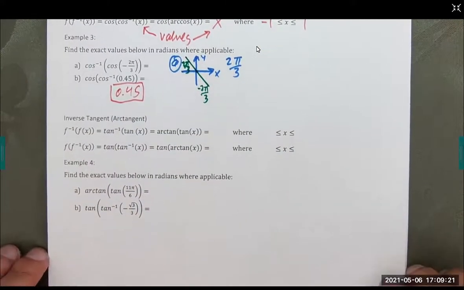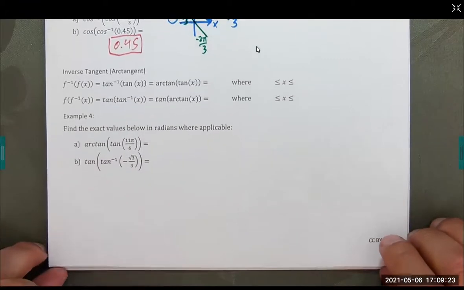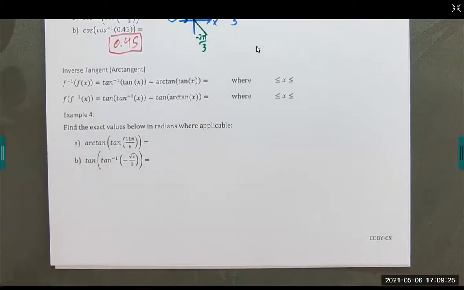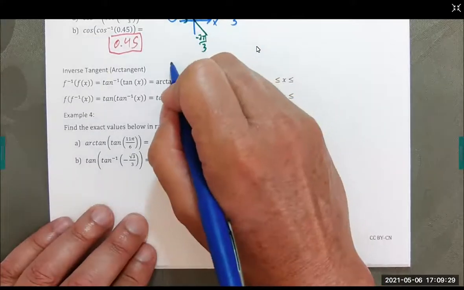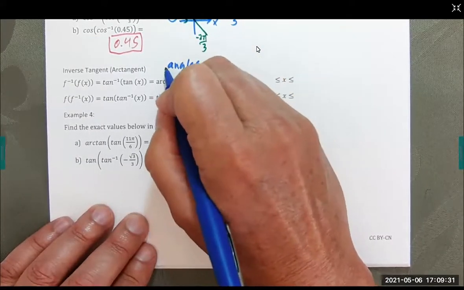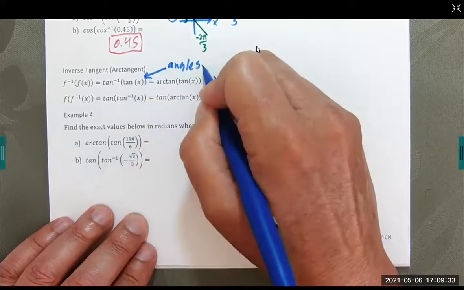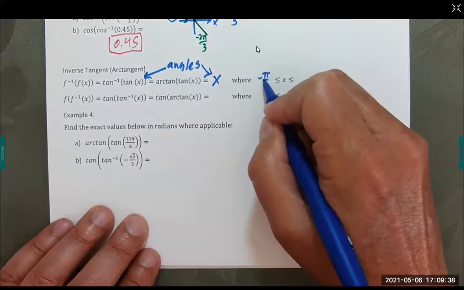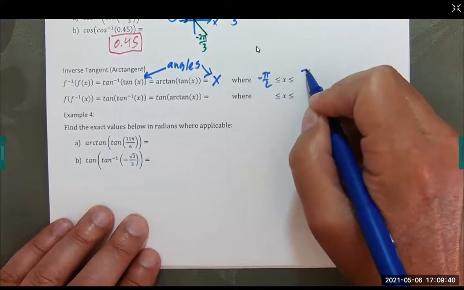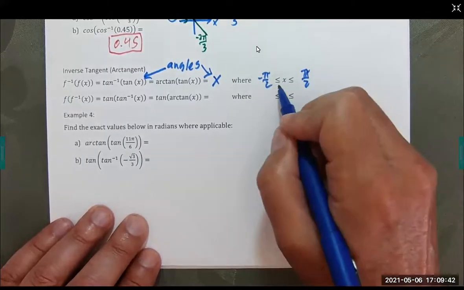Let's do this again with tangent. Once again, these x's are angles that are specifically between negative pi over 2 and pi over 2, and there's no equals.